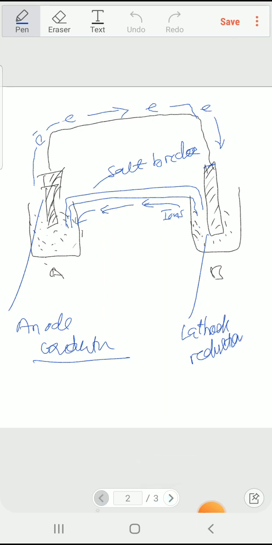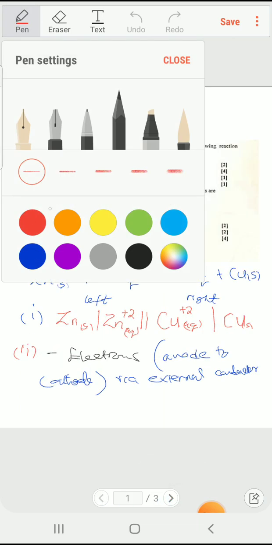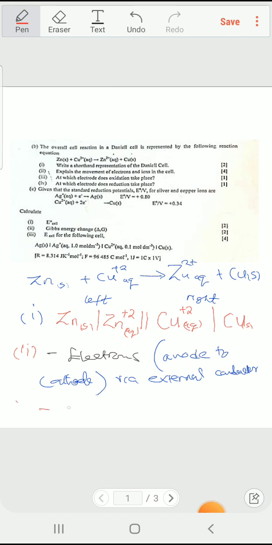Then what of the ions? We can say ions move from cathode to anode, via what? Via a salt bridge. So here you have gotten your 4 marks, but you need to put it in good English: electrons move from the negative electrode, which is the anode, to the positive electrode, which is the cathode, via the external conductor, which is a wire.